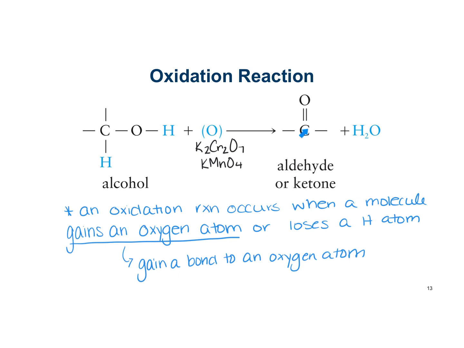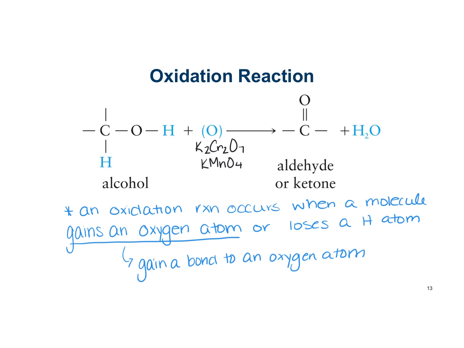And then what you're going to see here when we have an alcohol is we're either going to form the aldehyde or ketone functional group. Notice that we have just one bond between carbon and oxygen and one bond between the carbon hydrogen here and the oxygen hydrogen here. And we reduce the number of carbon hydrogen bonds.